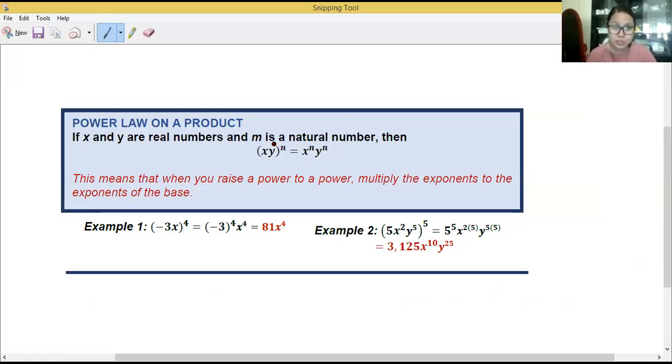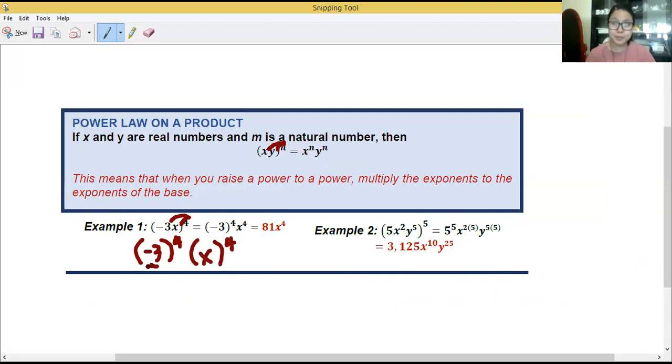So we need to distribute the exponents. For example, negative 3x to the fourth power. So we need to distribute 4 to negative 3 and to x. So it becomes negative 3 to the fourth power times x to the fourth power.